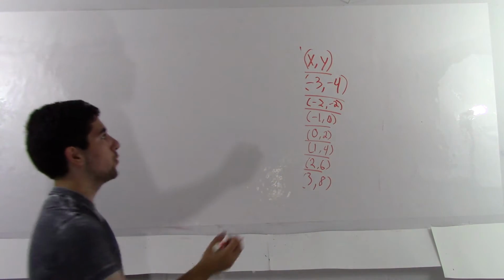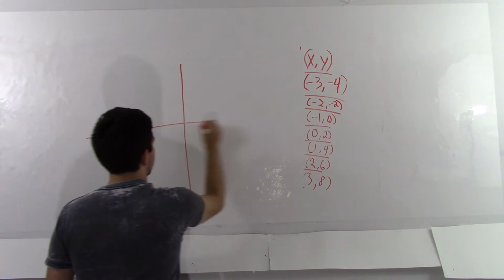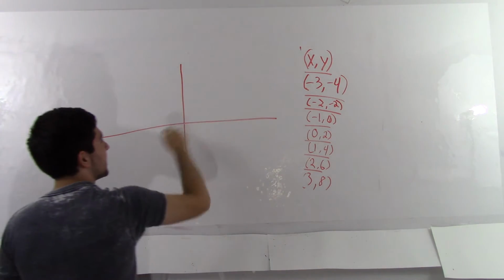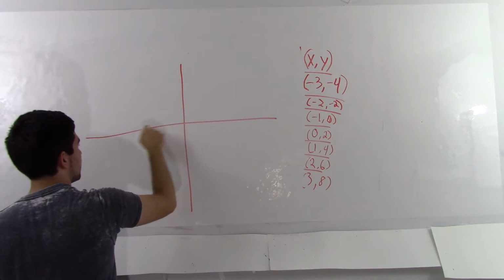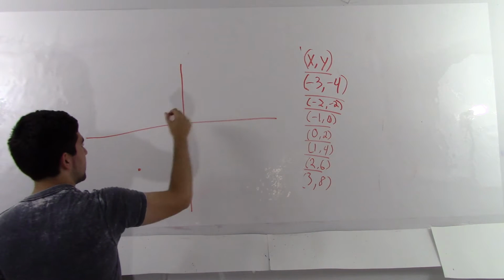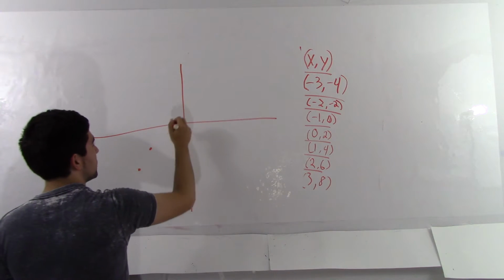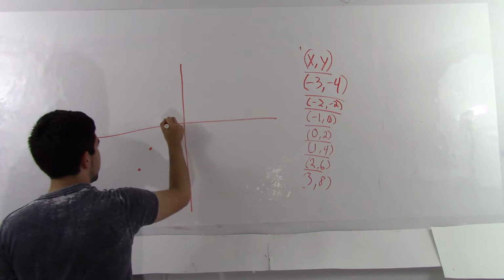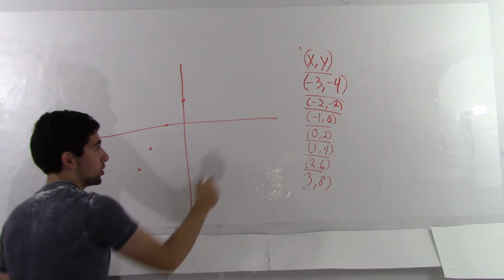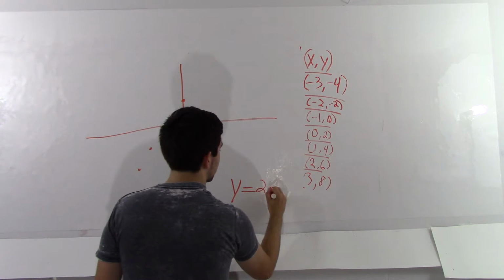So I'm going to keep those ordered pairs right there, and now I'm going to plug them in on a graph to see if it works out. So, negative 3, negative 4 is right here, negative 2, negative 2 is right here, negative 1, 0 is right here, 0, 2 is right here, and it works for our equation before, y equals 2x plus 2.